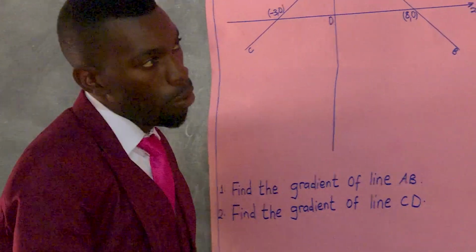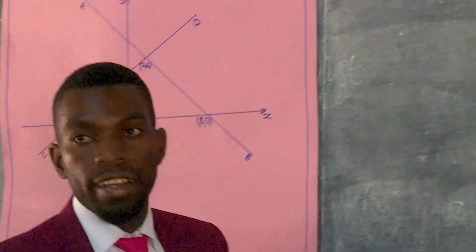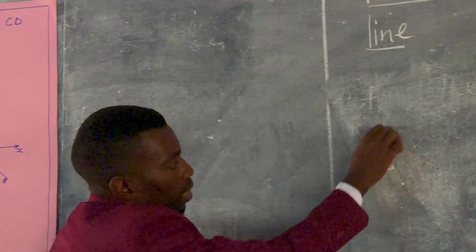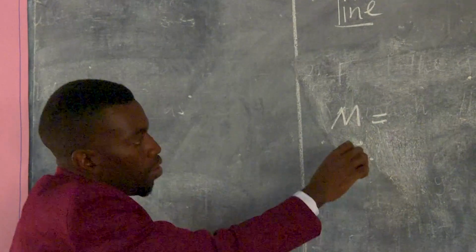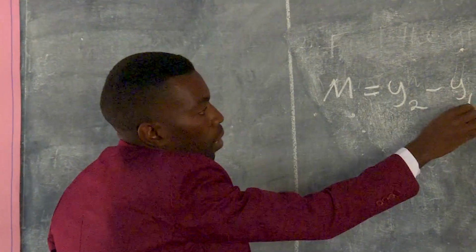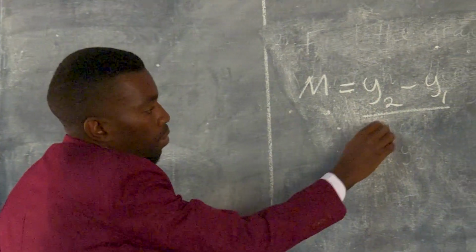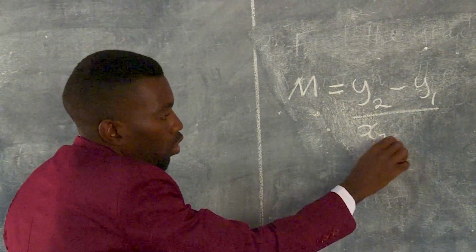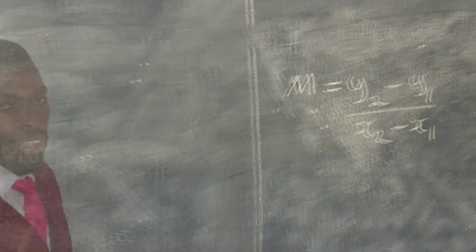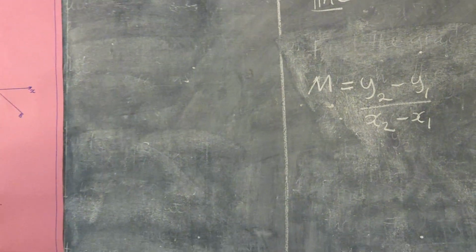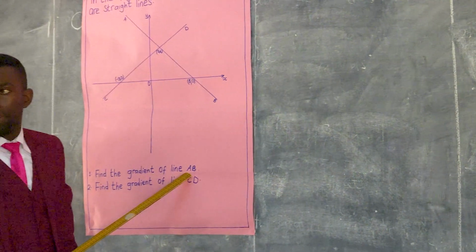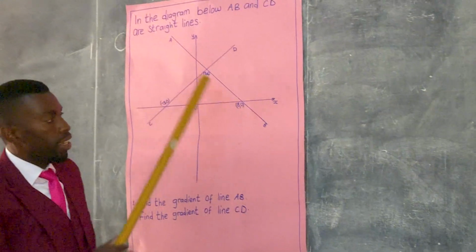Right, what is the formula for finding the gradient? y2 minus y1 over x2 minus x1. To the diagram. We are dealing with the line AB. So this is our line AB.